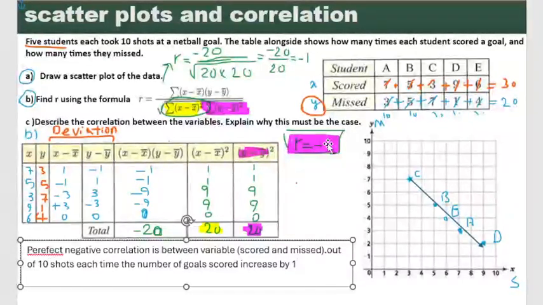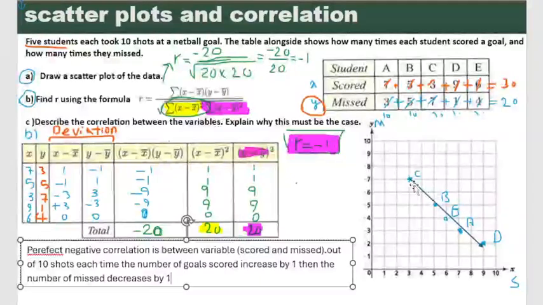So then the number of misses decreases by 1. Why?